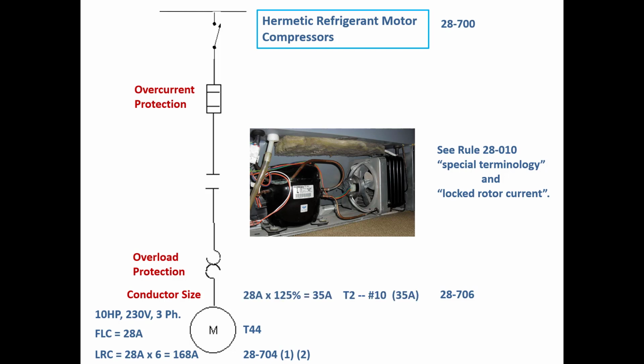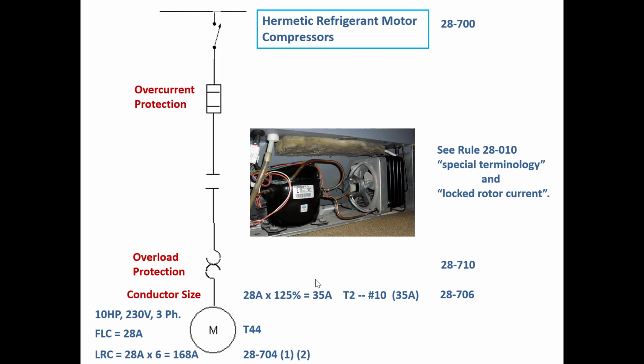So that just tells us to go back to 28-106 for continuous duty and use 125% of the 28 amps to get 35 amps. Then we go to Table 2 under the 75 degree column and pick a number 10, which is good for 35 amps. Then we go to 28-710.